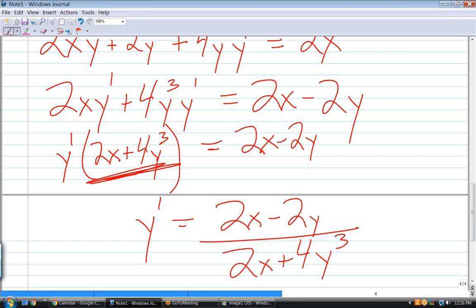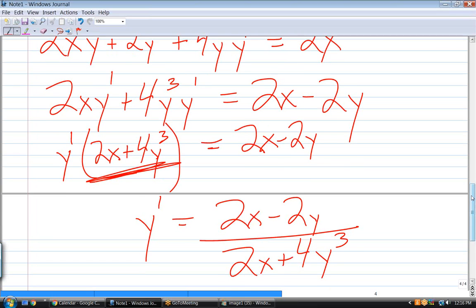And 99% of the time when you do implicit differentiation, you end up with the first derivative being a function of both x and y, not just x. When you explicitly differentiate something, you usually end up with an answer that's just a function of x, but not with implicit. Okay?